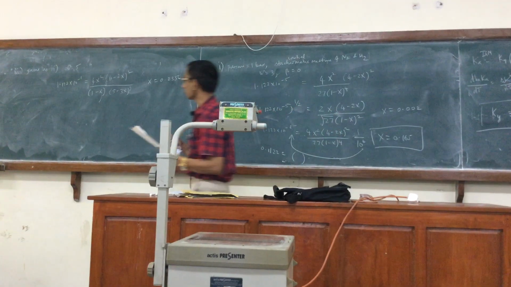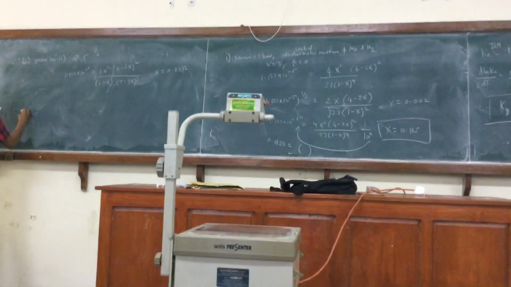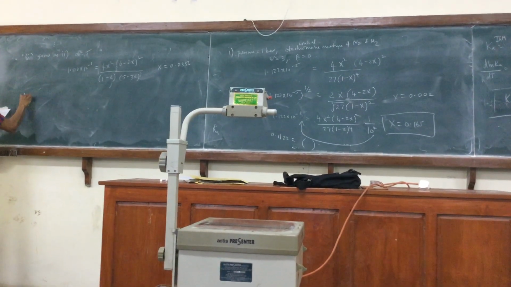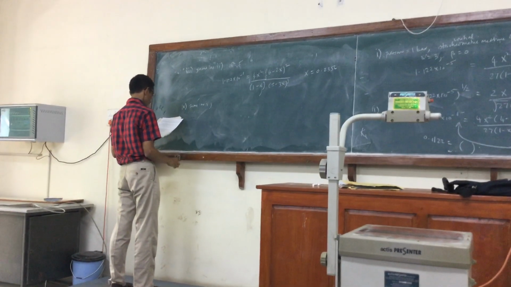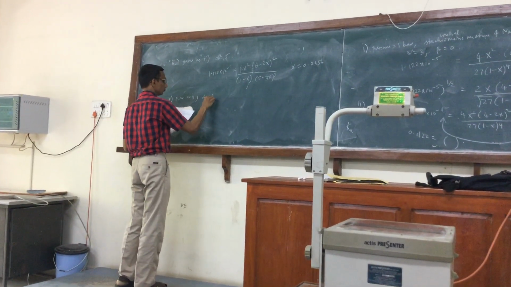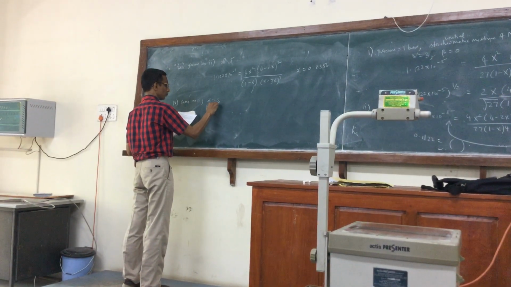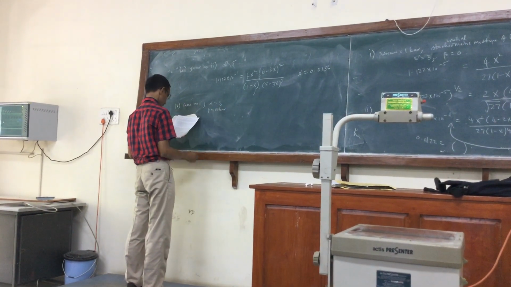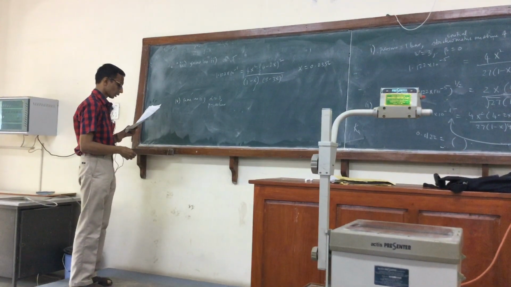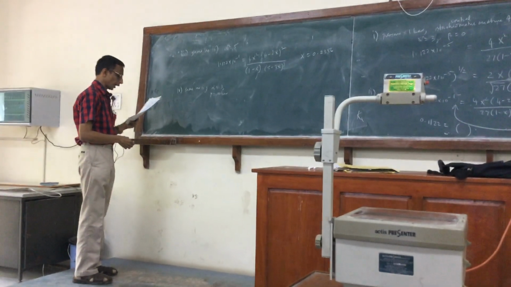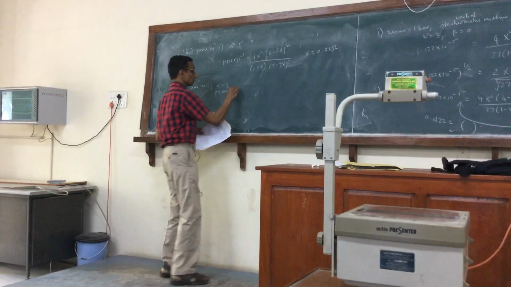The last one is again 4, same as 2. That means pressure is 100 bar, alpha is 3, but now beta is not 0. Given that it is 0.1, right? Beta is actually 1.